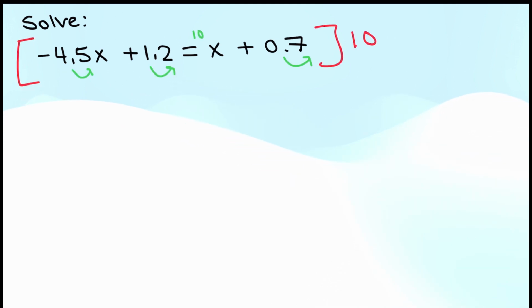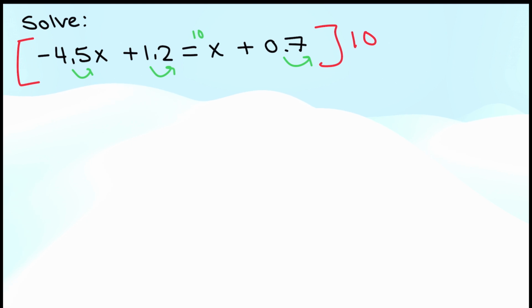Notice that all of the decimals in this problem have just one digit after the decimal. All of the numbers have at most one digit after the decimal. These decimals all have digits in the tenths place.